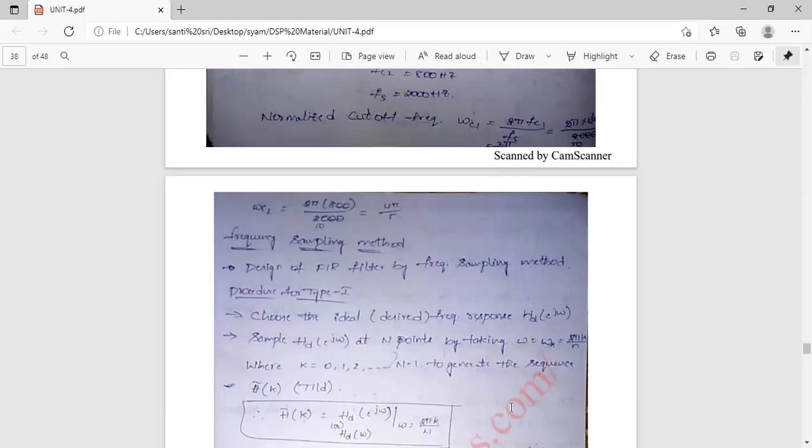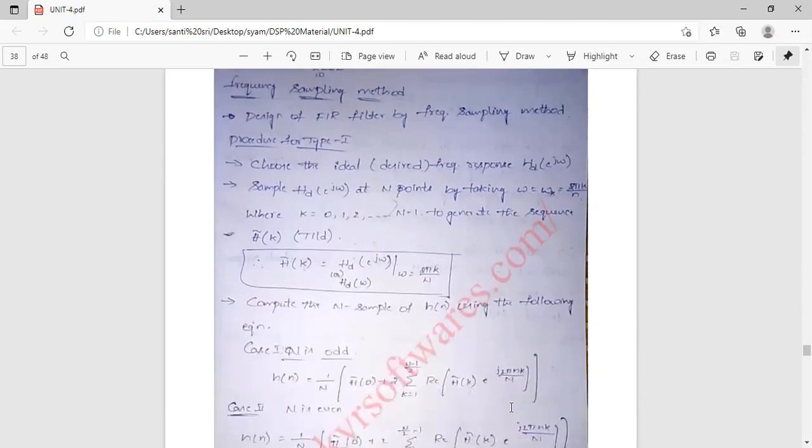Choose the ideal frequency response HD of e power j omega. First, sample HD of e power j omega at n points by taking omega equal to omega k equal to 2 pi k by n, where k is 0 to n minus 1, to generate the sequence h bar of k, that is equal to HD of e power j omega at omega equal to 2 pi k by n. Okay.